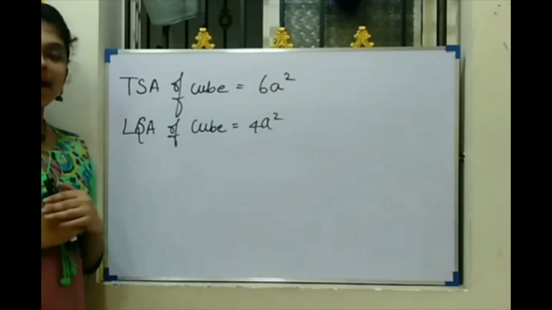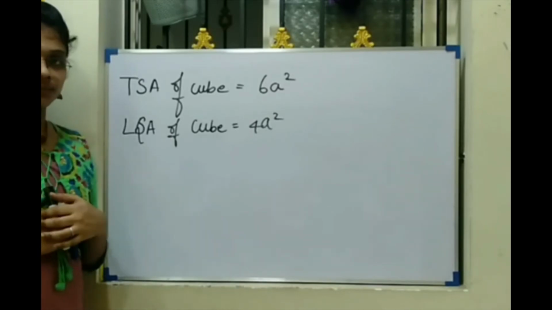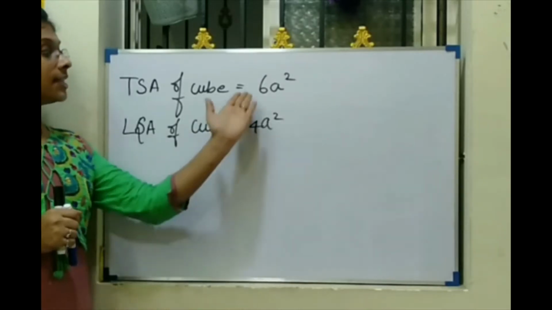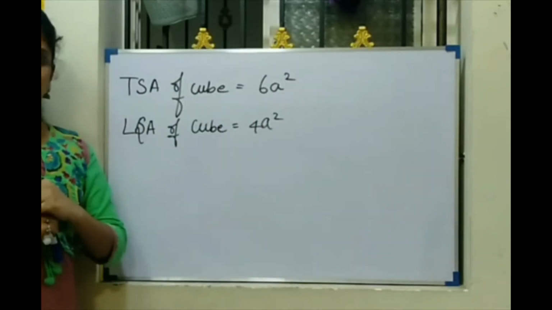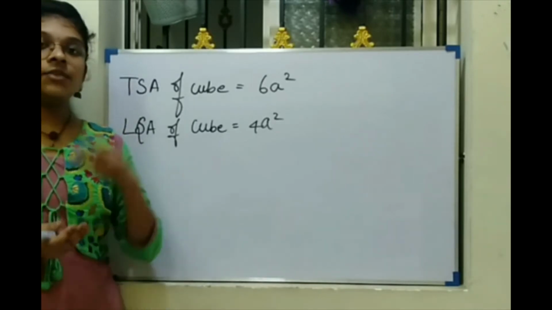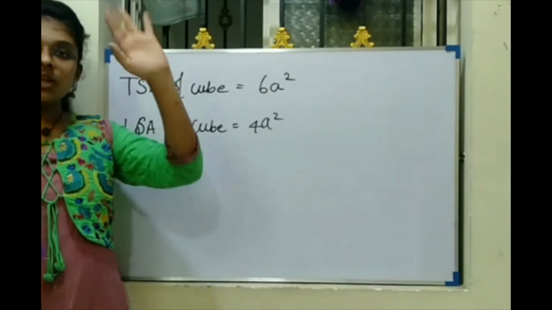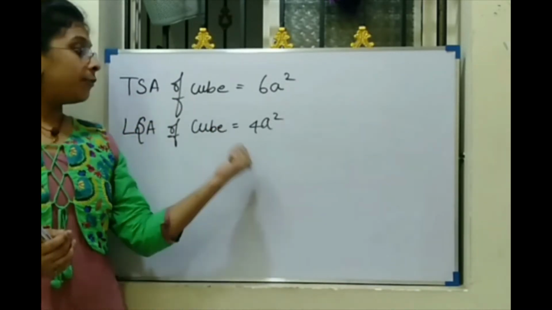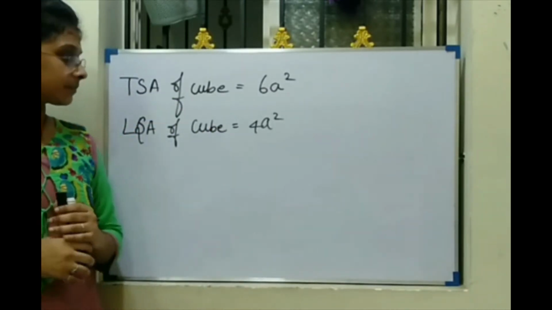So the cube has 6 faces in total. That's why the total surface area of a cube is 6 faces into a square. Then for lateral surface area, as I said earlier, we have to remove the top and bottom. So what do we have for the rest? The 4 faces. That's why 4 into a square.